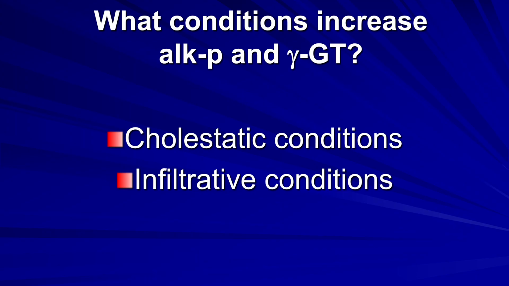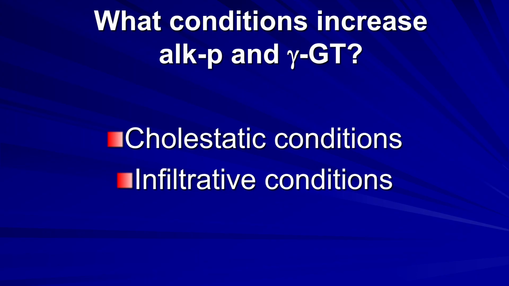So cholestatic conditions. In this case, the transaminases, meaning the ALT and AST, will typically be normal, and if anything, they could be very mildly increased. But the predominant problem in patients with cholestasis is increase in the alkaline phosphatase and gamma GT.